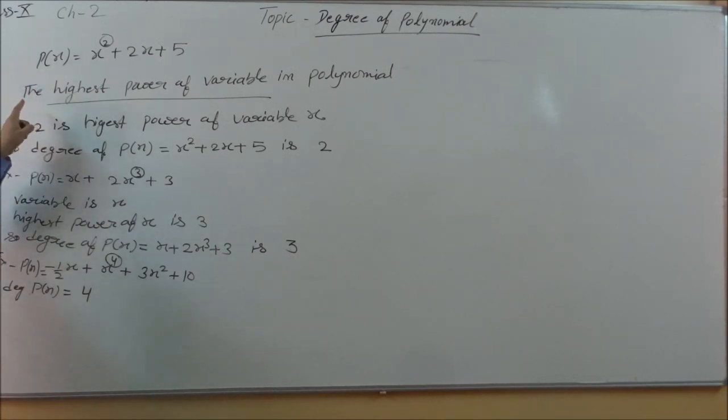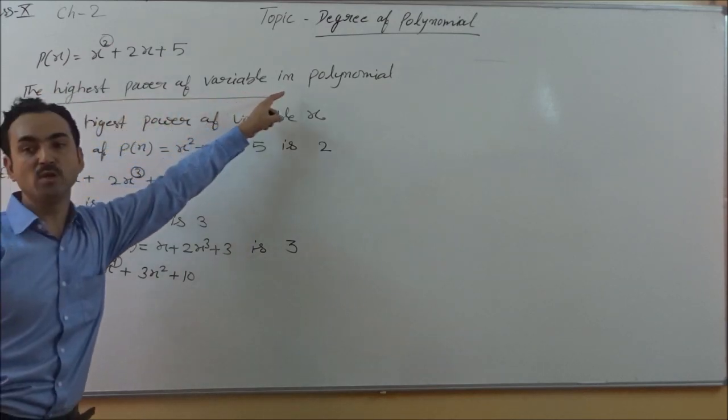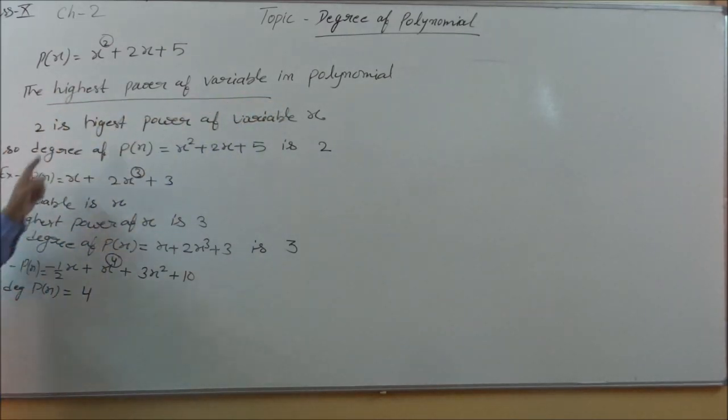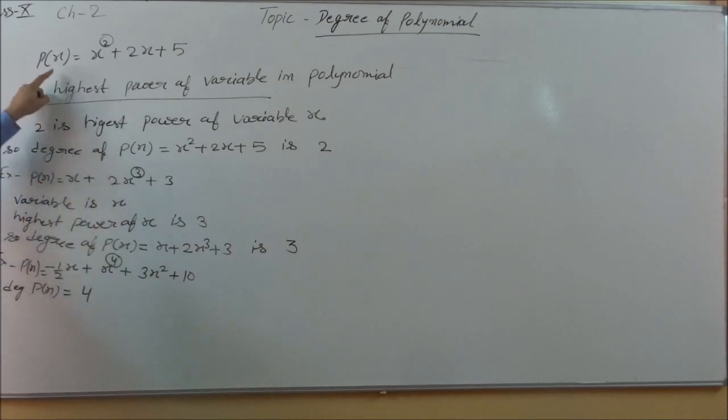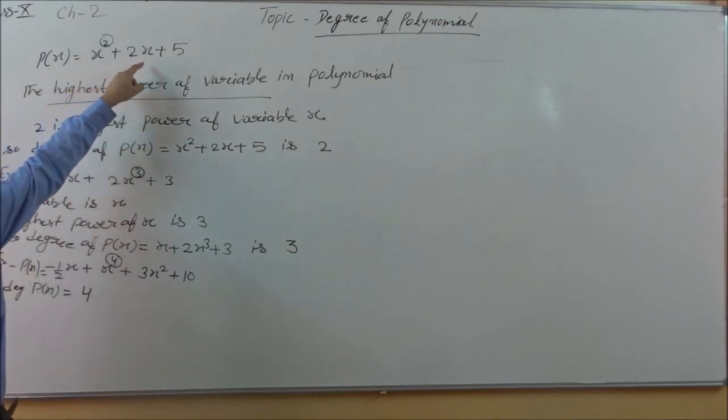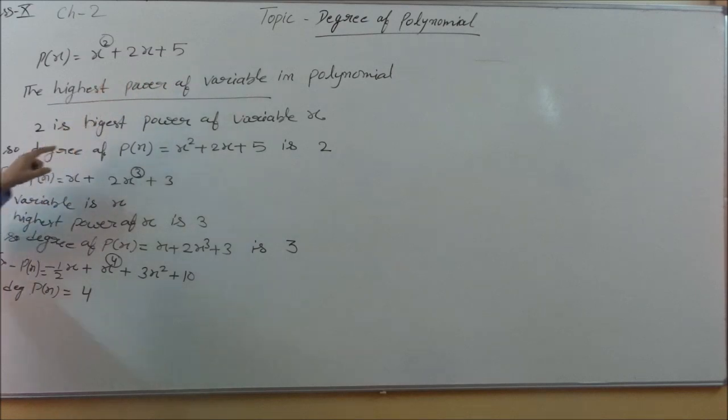You have to remember that the highest power of the variable in a polynomial is its degree. In the first example, p(x) = x² + 2x + 5, the degree is 2.